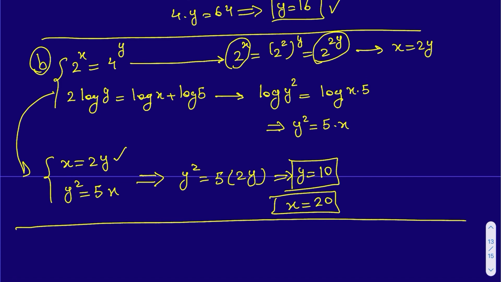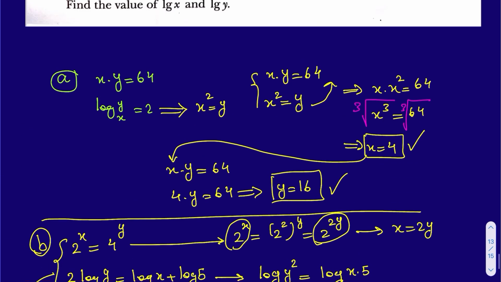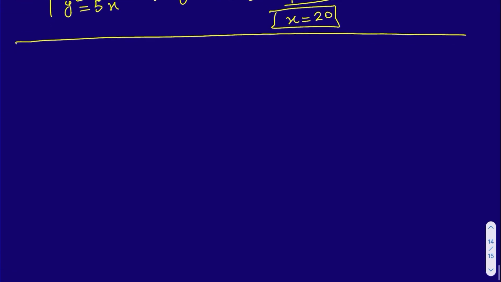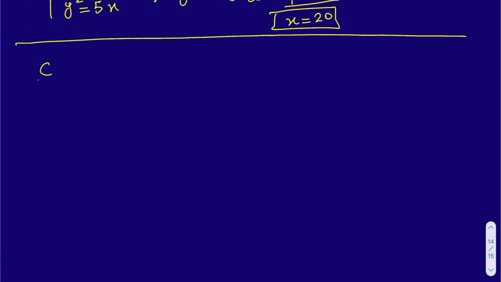Okay, so this is the value of x. Now we will move to part C. So we have got here part C: log of x plus y to base 4 is equal to 2 log x to base 4.